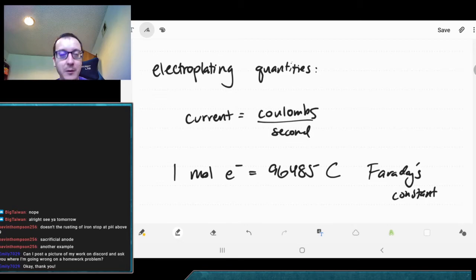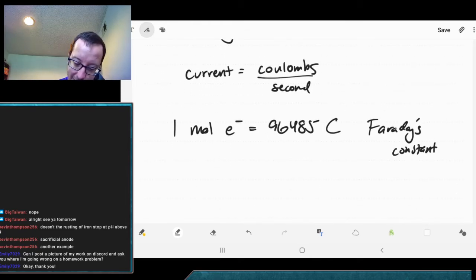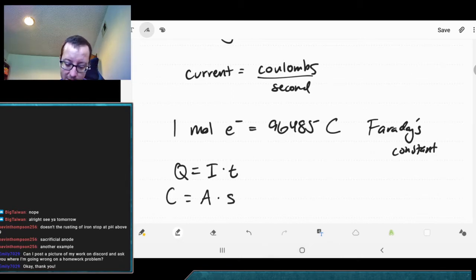And so we can see how many electrons we're going to need stoichiometrically to plate a certain amount after we apply a certain current to it. So if we want to think about it this way, our charge is going to be equal to the current times time. That's coulombs equals amperes times seconds.